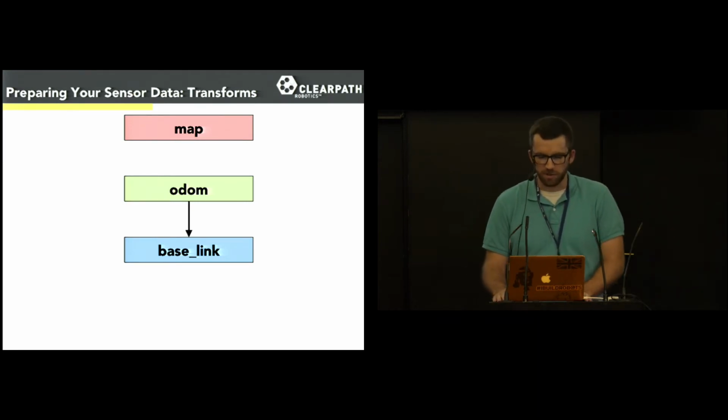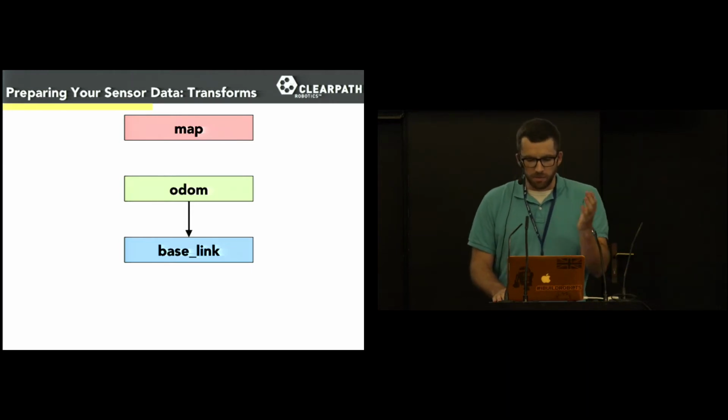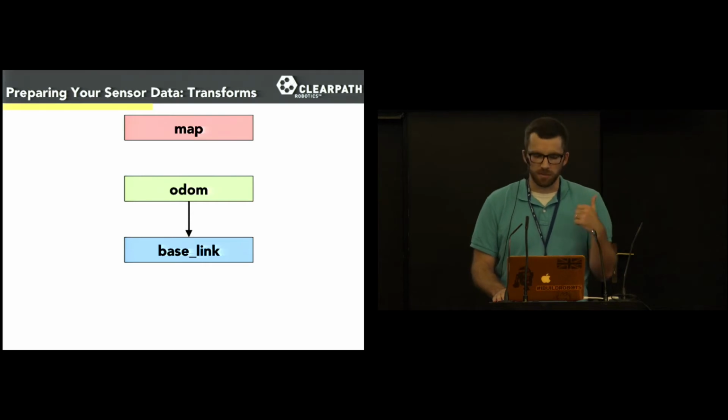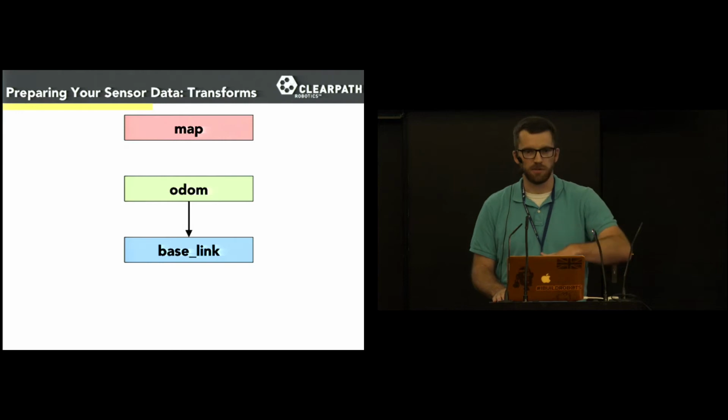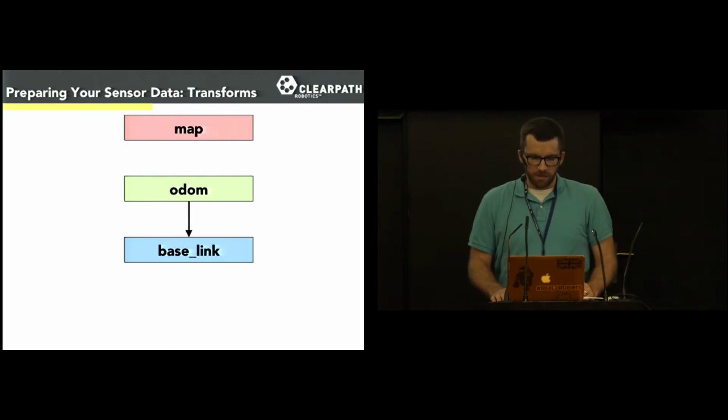Just to go over how these transforms work, one of the filters will produce two things. It will produce an odometry message, and then it will also produce the transform from the world frame that you specify to the base_link frame that you specify. You can configure them. So that's how the odom to base_link transform works, if you set your world frame to odom.